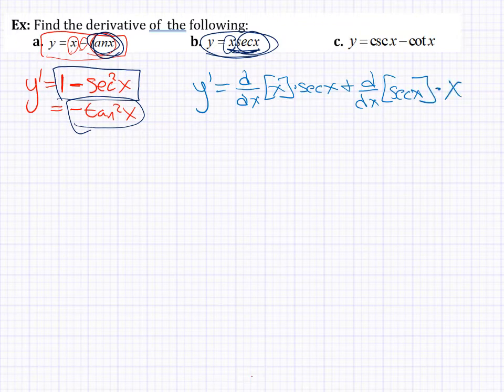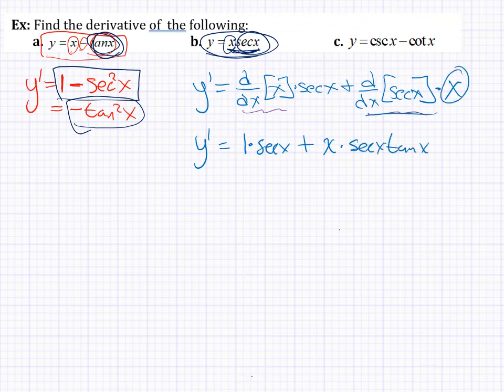Well, again, if you know each of these derivatives here and here, this is very easy. Y prime would equal 1 times secant x plus the derivative of secant is secant x times tan x. So we'll have the x times secant x tan x. I just like putting this x up in the front. Okay?